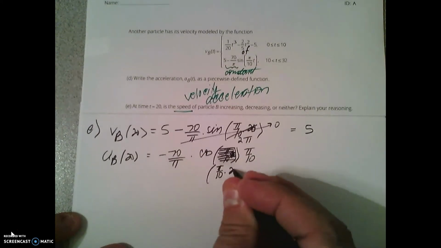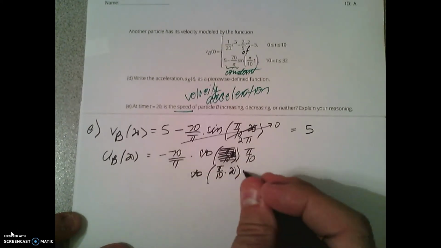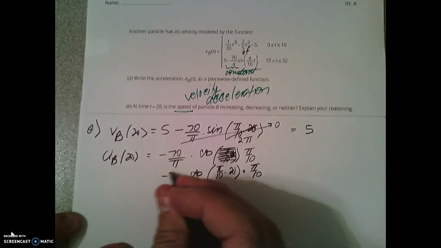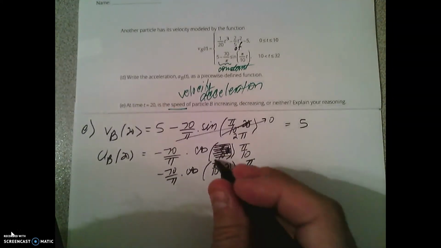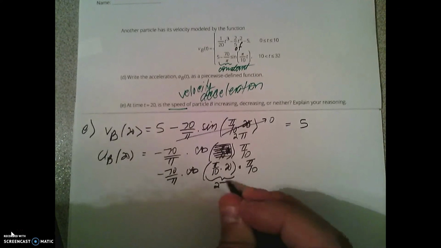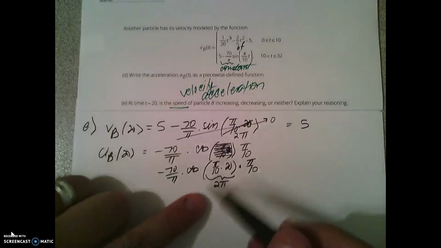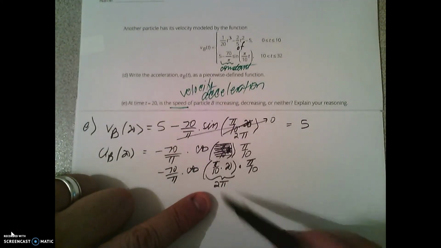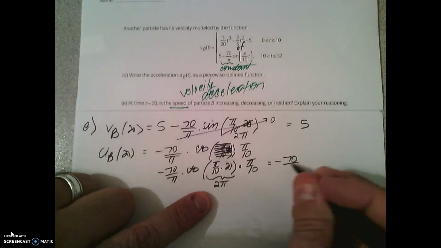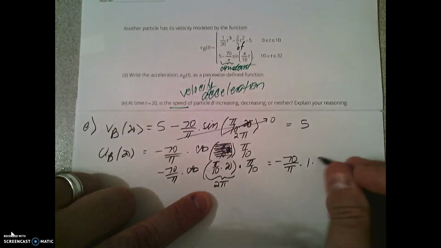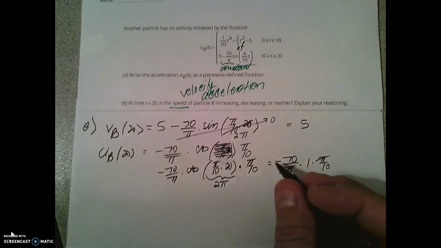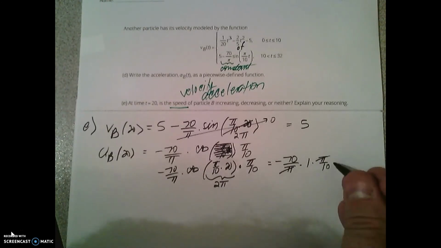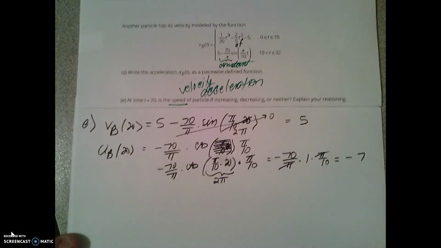It will be negative 70 over pi in the front, times the cosine of pi over 10 times 20, times pi over 10. Still a little bit messy, I think I'm getting tired. Pi over 10 times 20 is the same as 2 pi. Cosine of 2 pi is 1. So we have negative 70 over pi times 1 times pi over 10. The pi's cancel. Negative 70 times 1 divided by 10 is negative 7.